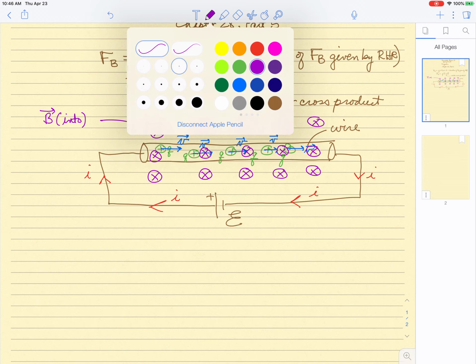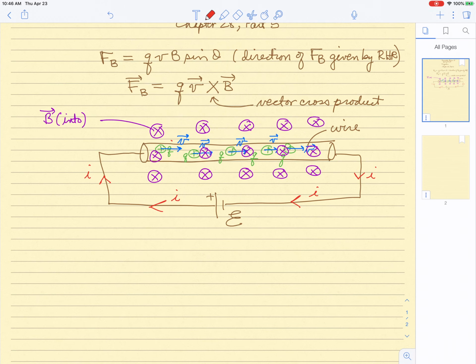there will be a magnetic force on each of these charged entities. The problem now is that we have a lot of them.